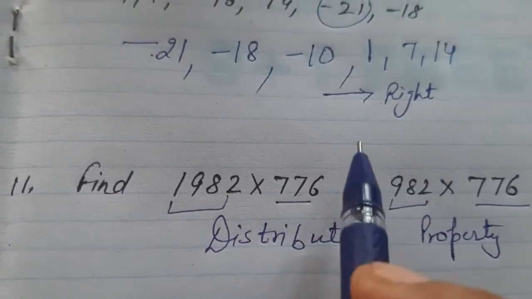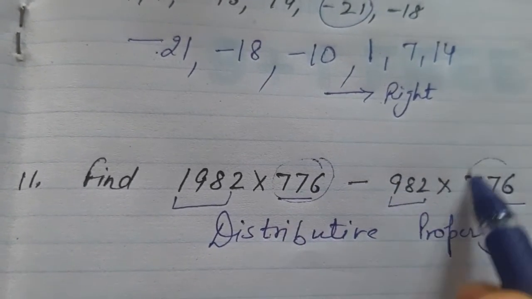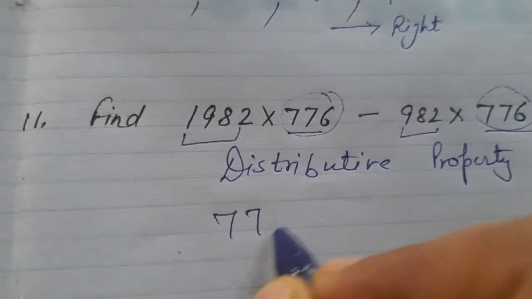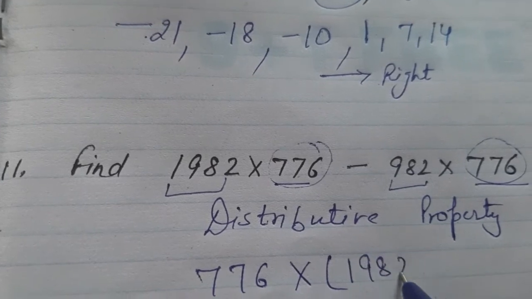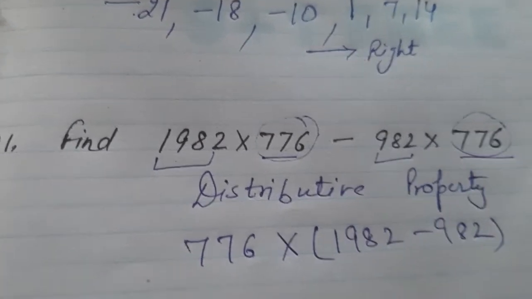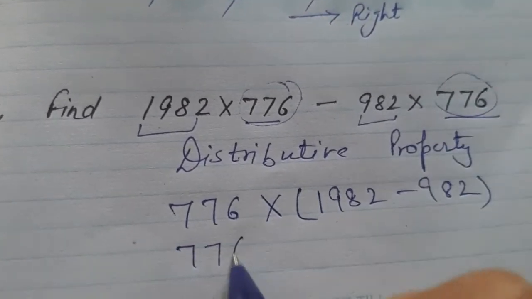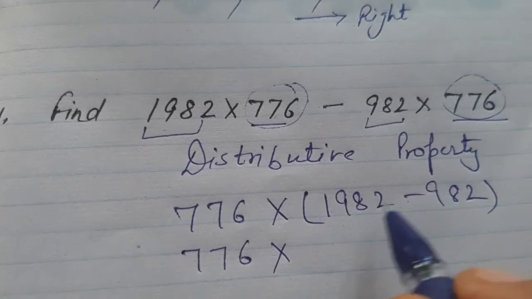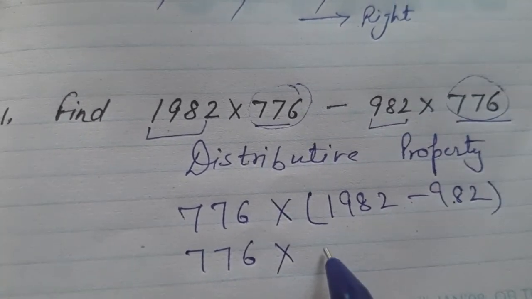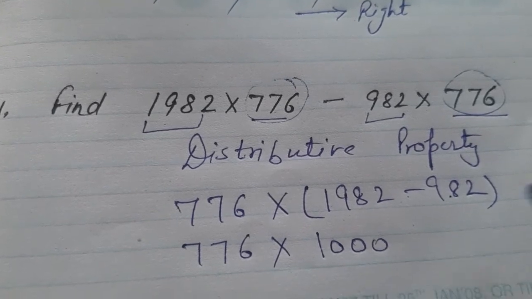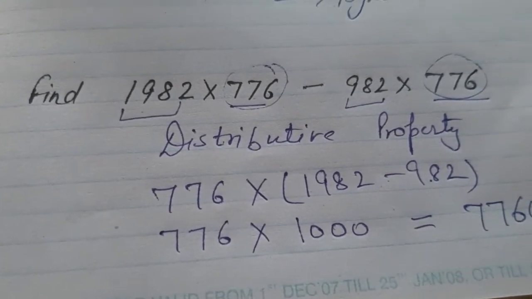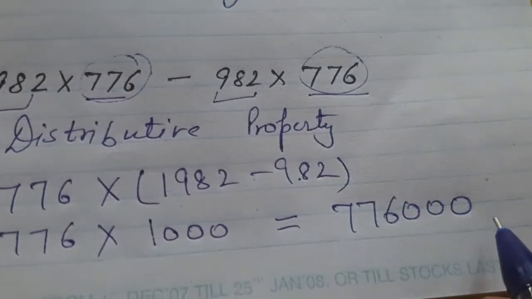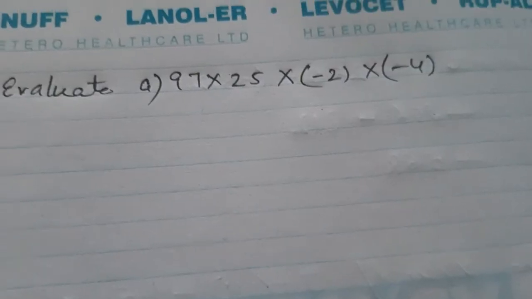First of all, we will take 776 out and multiply by 1982 minus 982. Now we will subtract these terms. It comes out to be 1000. Now multiply 776 with 1000. Very easy one. So this way you will get the answer.